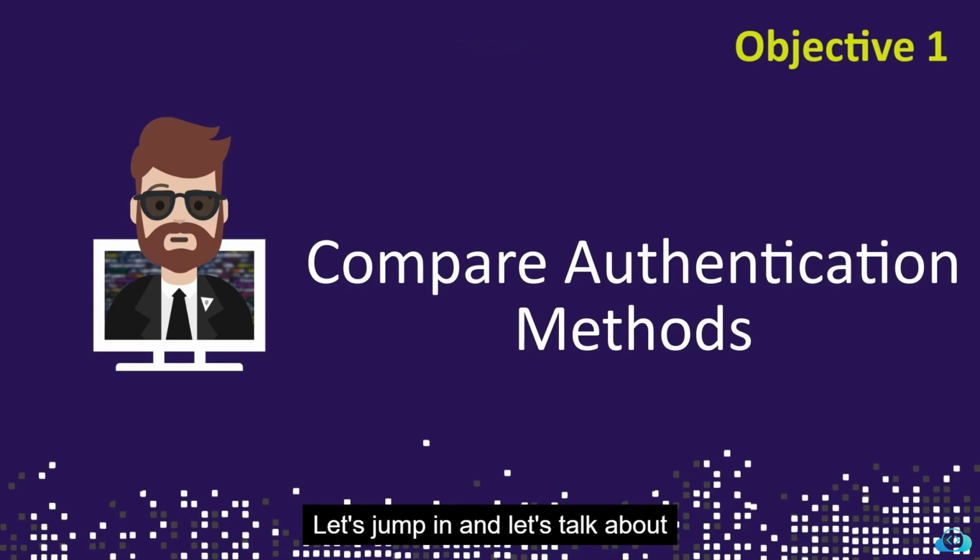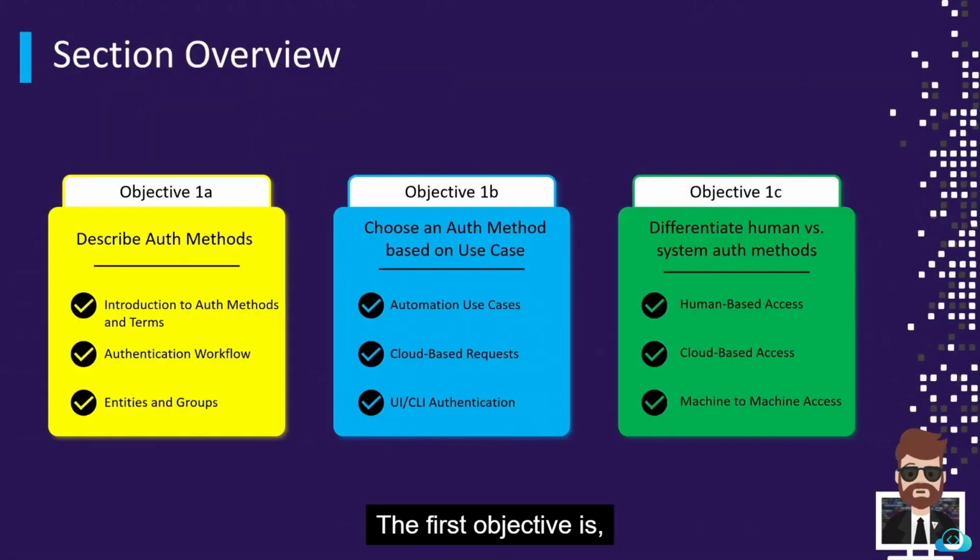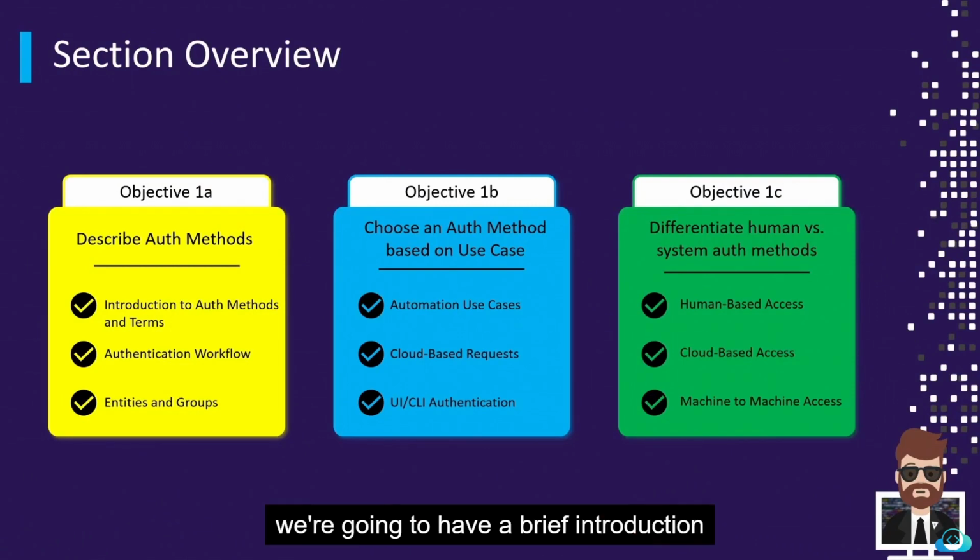So let's jump in and let's talk about the objectives that we're going to have in this section. The first objective is describe auth methods. So in this objective, we're going to have a brief introduction to auth methods, and we'll talk about all the terms and all those kind of things that really focus on auth methods in Vault.